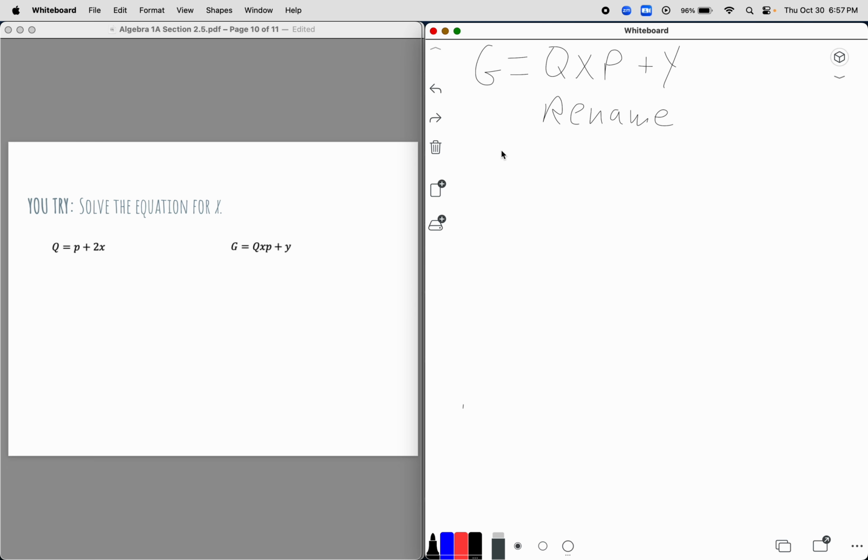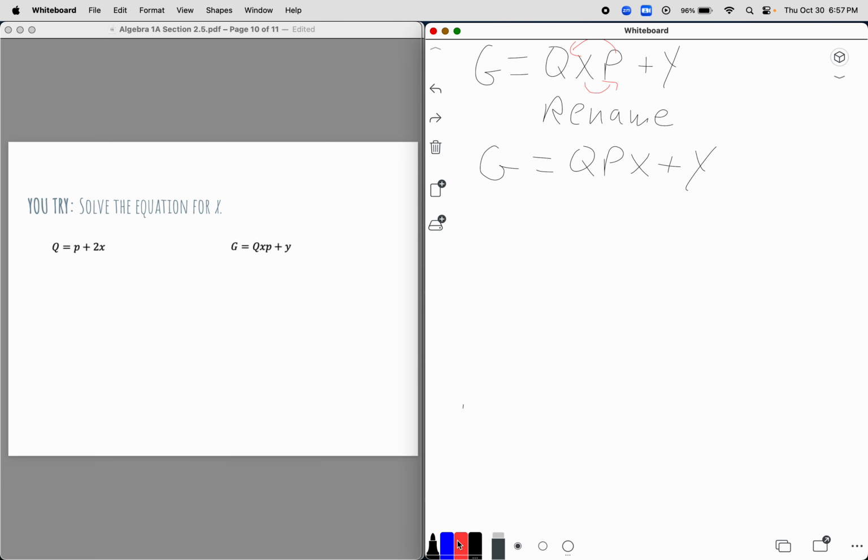And let's rename this to G equals QPX plus Y. So basically, what I did to rename it was I put the P after the Q, and I put the X after the P, right? And we can do that because of the commutative property of multiplication, which we talked about some time ago.